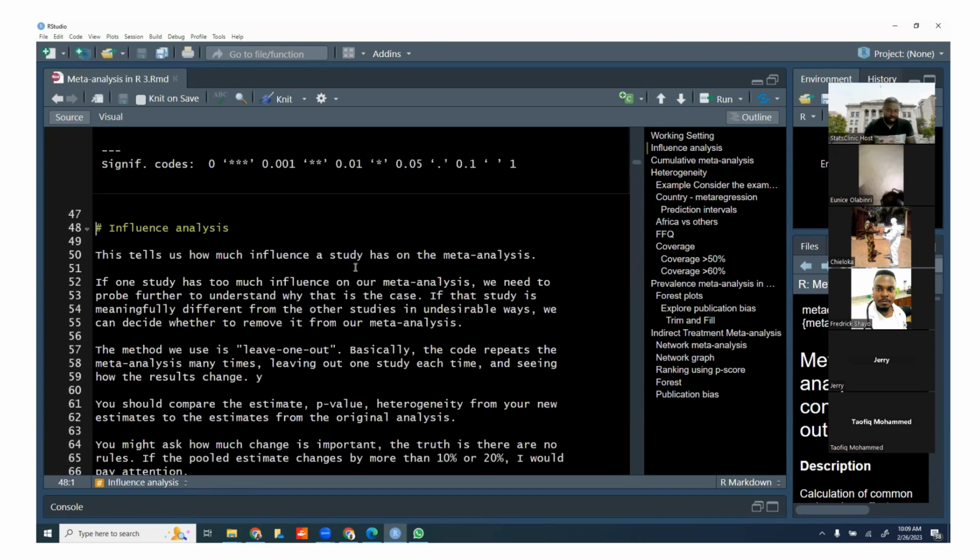So in influence analysis, and we talked about this when we were looking at RevMan last week, so if you were in that class, it's basically a repetition. In influence analysis, what we're really looking at is to understand the extent to which one single paper might be influencing, that's the word, influencing the overall pooled estimate.